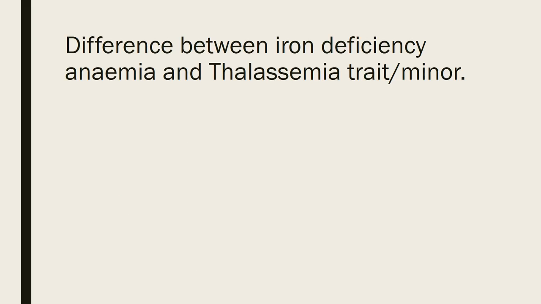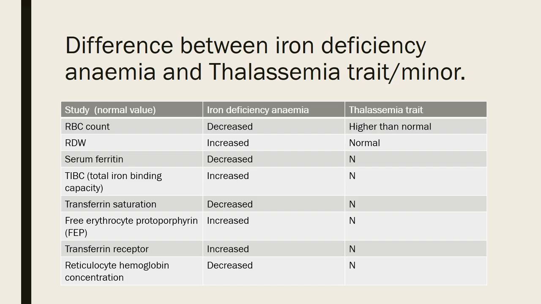To differentiate iron deficiency anemia from thalassemia trait, in this table you can see the RBC count will be decreased in iron deficiency anemia because of ineffective erythropoiesis, while it will be higher than normal in thalassemia trait because the marrow will produce excessively in response to the hemolysis.